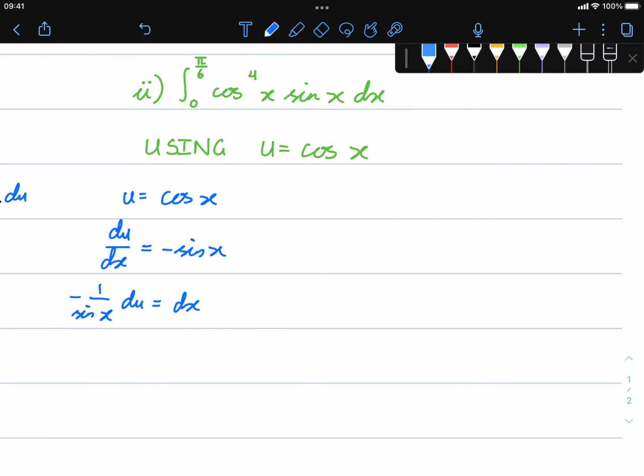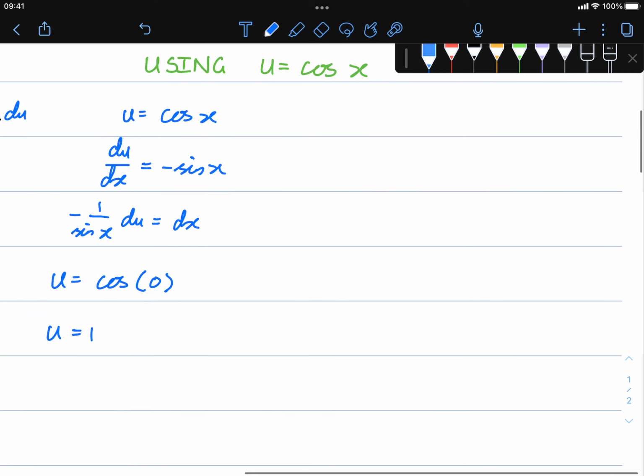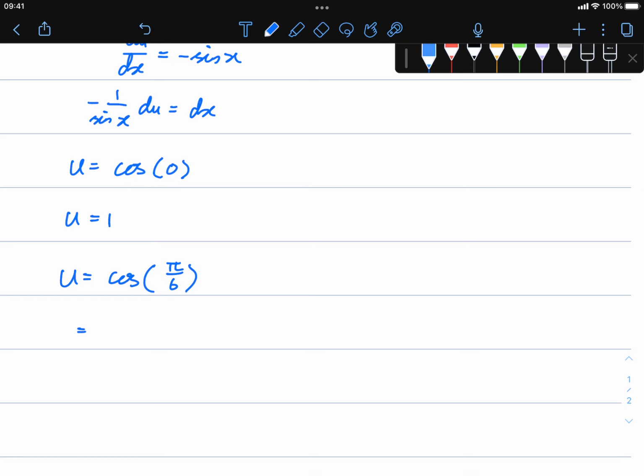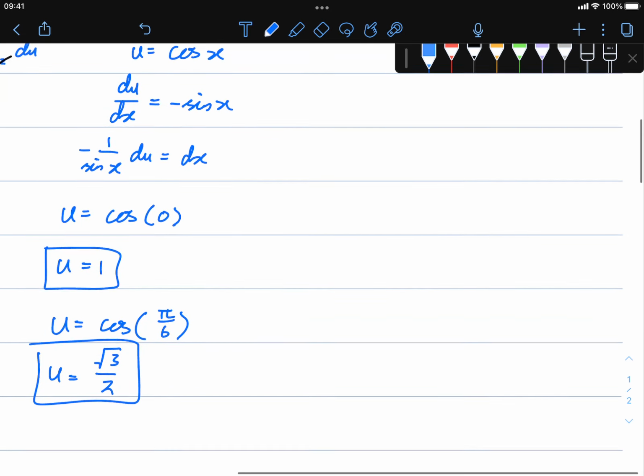And then we're going to substitute: u equals cosine of 0, which is 1, and u equals cosine of pi on 6, which is square root 3 on 2. So it's these two u values that we're going to use.